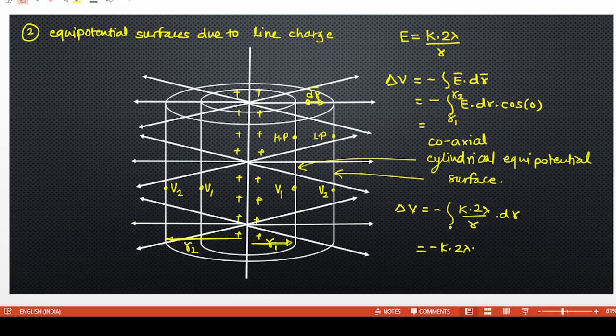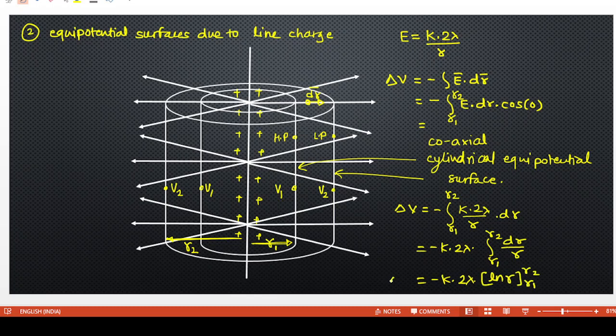Inside integration I have limits from r1 to r2, integral of dr upon r. Integral of dx upon x is ln x, so integration of dr upon r is ln r. So the answer will be minus K 2 lambda ln r, limits from r1 to r2.